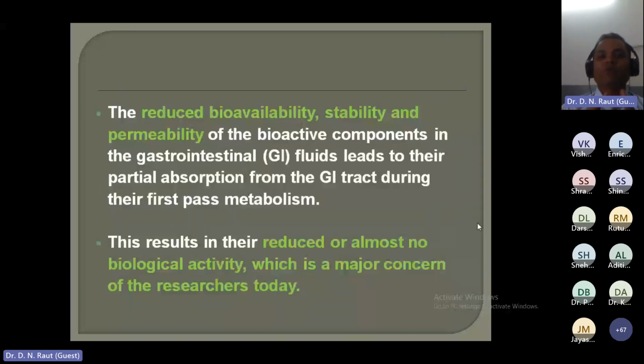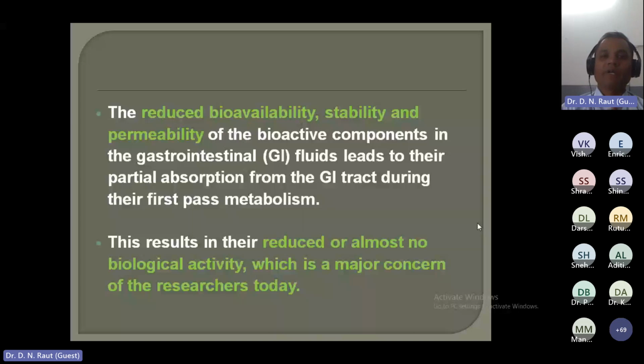That is the reduced bioavailability, just due to some issues of solubility and stability. Actually, we are expecting viability of the components of the drugs or medicines. That may be single-drug medicines or multi-drug medicines, or that could be our herbal drugs. Herbal drugs basically have a number of chemicals inside them.